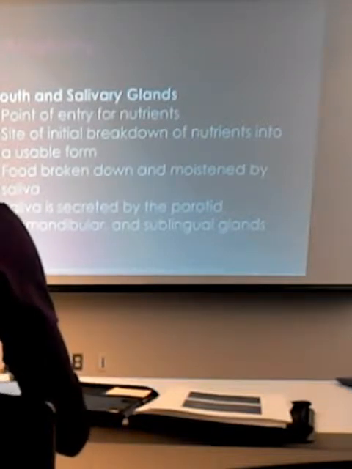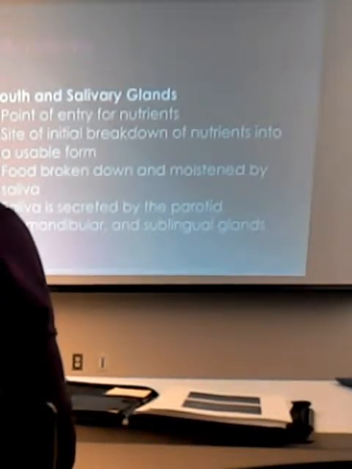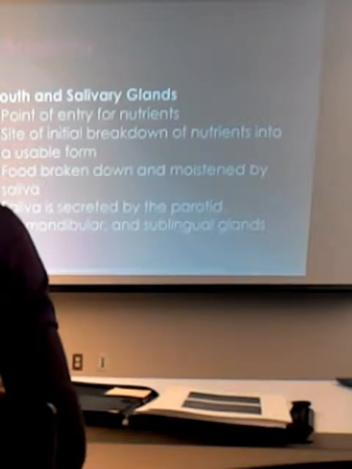I don't care how many teeth. And we've got salivary glands. The mouth is the initial site of physical digestion. That's obvious. We have teeth for that. And what's the point of our teeth? To break things down in a way that we can swallow what we're eating.